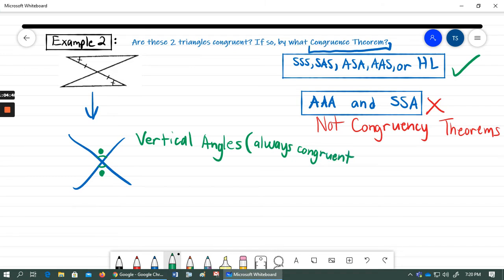So they may not have actually had this information marked on your diagram, but again, folks, we have to know what we're supposed to know. If you don't know the stuff we already talked about in previous lessons, you might be a little bit out of luck.